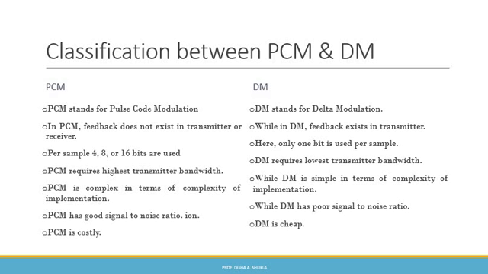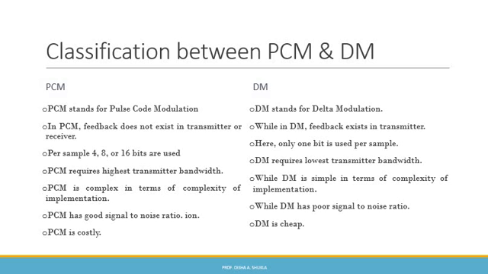Moving on to the difference between PCM and DM. The full forms: PCM is pulse code modulation and DM is delta modulation. In PCM, feedback does not exist in the transmitter or the receiver, while in DM, feedback exists in the transmitter. In PCM, 4, 8 or 16 bits are used per sample, whereas in DM only 1 bit is used per sample.